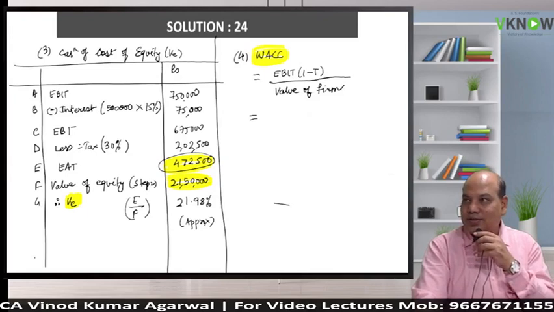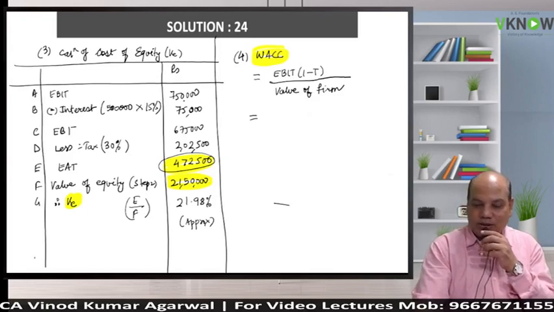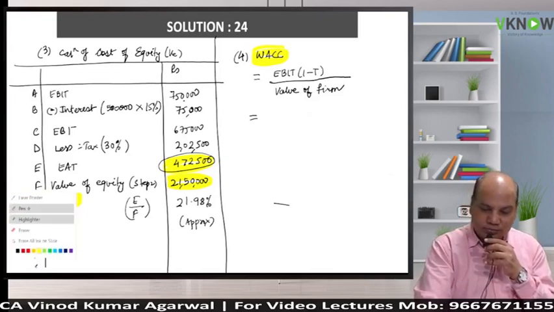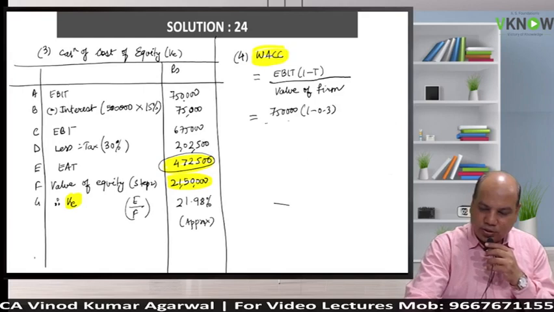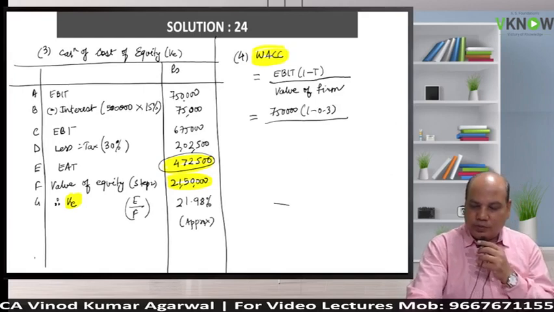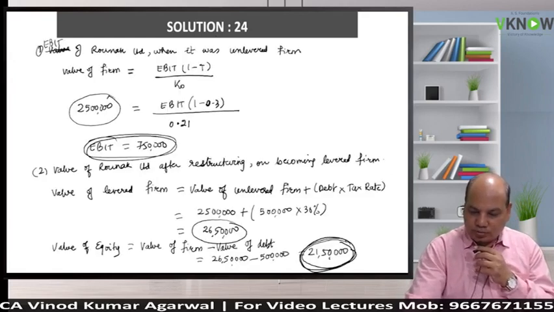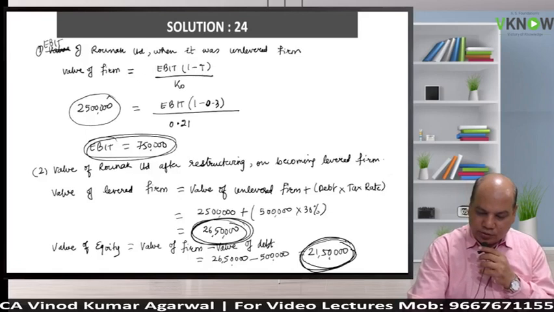What is EBIT? 7,50,000. What is tax? 30%. And the value of the firm you have computed here, 26,50,000.